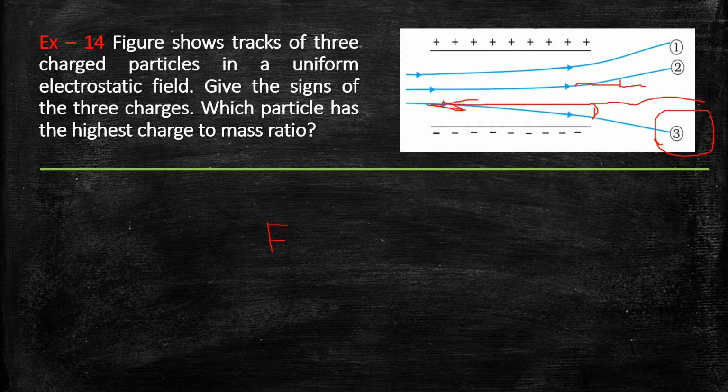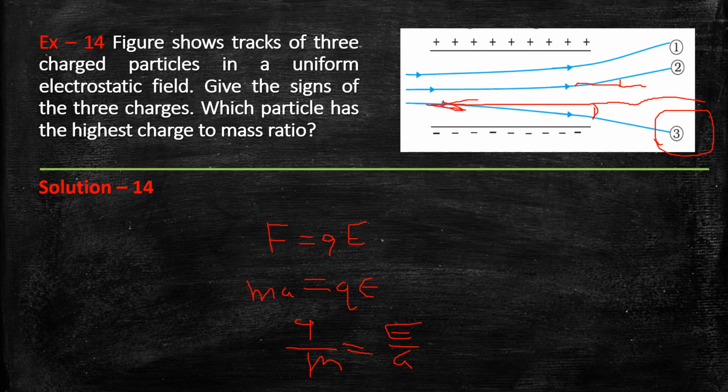Now if you look at this expression, F is equal to QE, what we can understand from this is that if charge is more, force is more. And if I simplify it further, F is equal to ma, and if I compare it with QE, I can say that Q by m, the charge to mass ratio, is E by a.